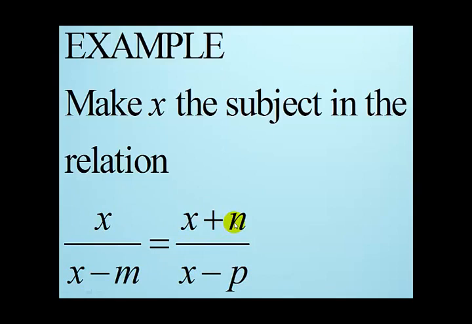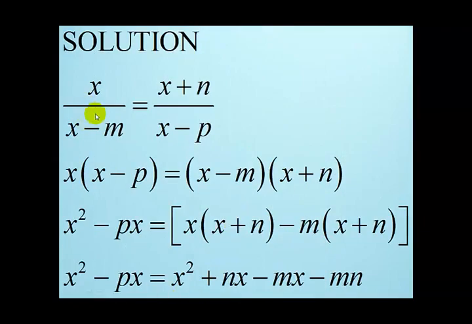So given x divided by x minus m equals x plus n divided by x minus p. We cross multiply, so x multiplies x minus p. That's how come we have x into bracket x minus p. This is equal to x minus m also multiplies x plus n. So we have x minus m times x plus n.